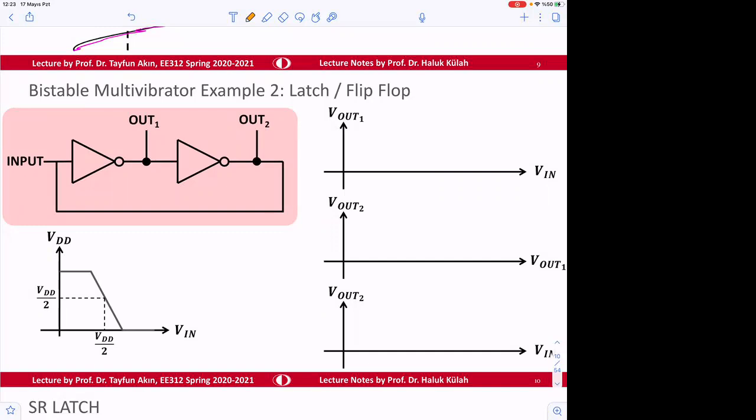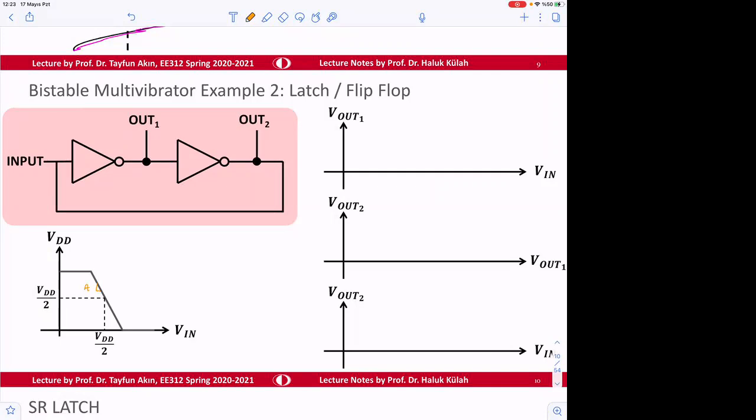So let's say it's not an ideal one. So this is the slope. The slope here is A, or minus A, whatever.